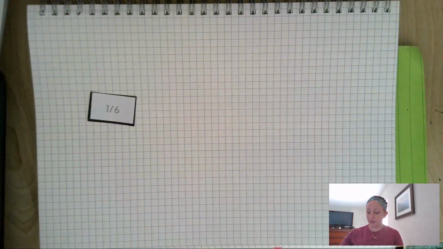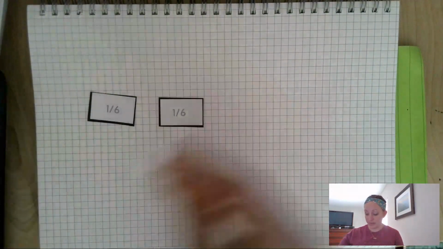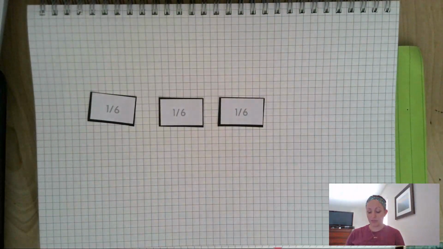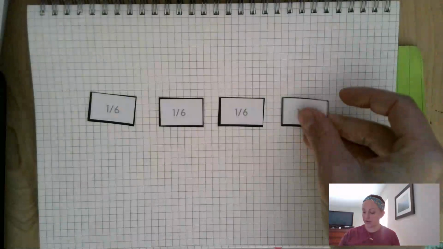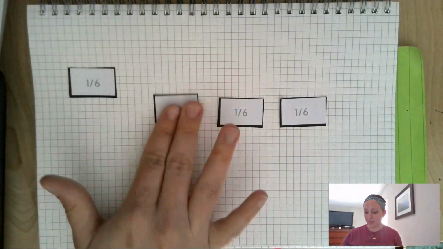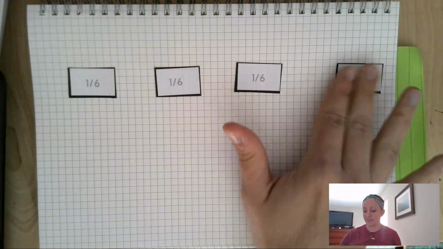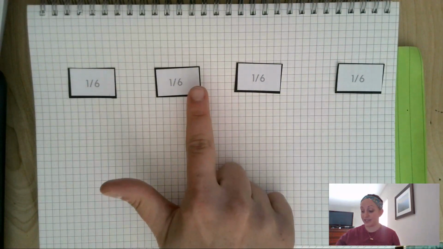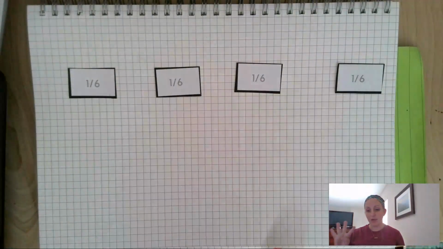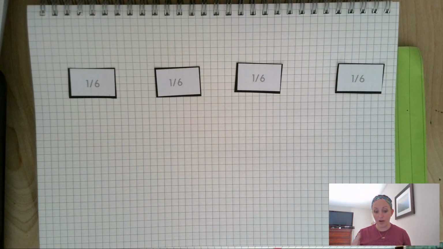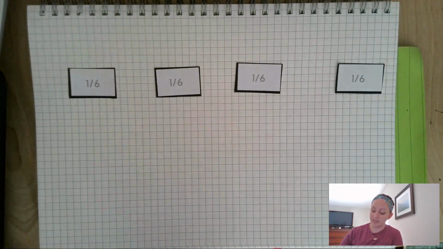So if I have 1/6 plus 1/6 plus 1/6 plus 1/6, I have 1/6, 1/6, 1/6, 1/6. I'm adding that together. 1/6 plus 1/6 plus 1/6 plus 1/6 equals 4/6. Let me write this down so you guys can see it.